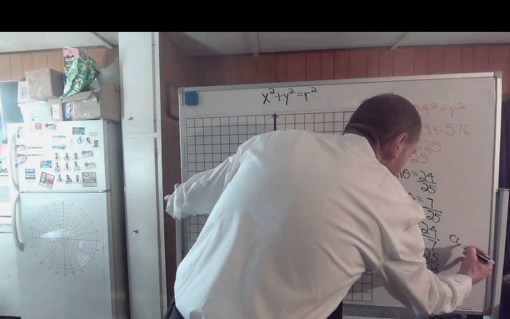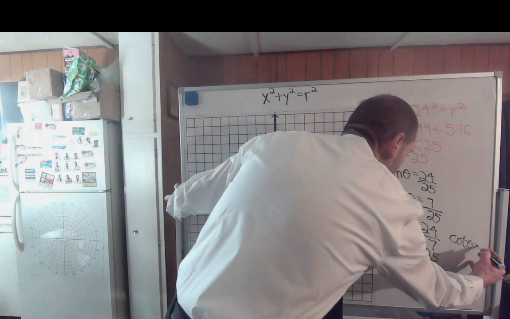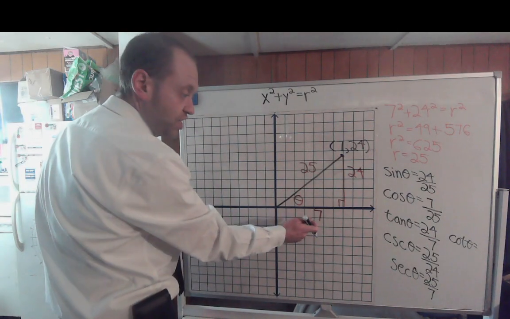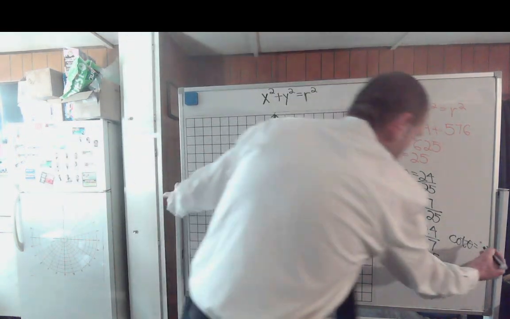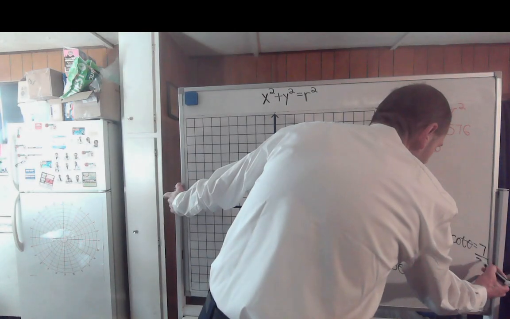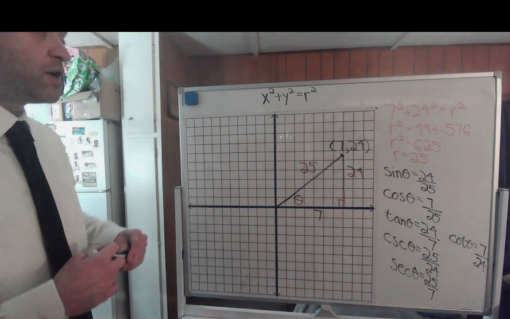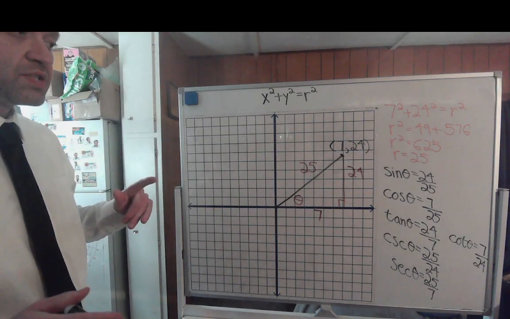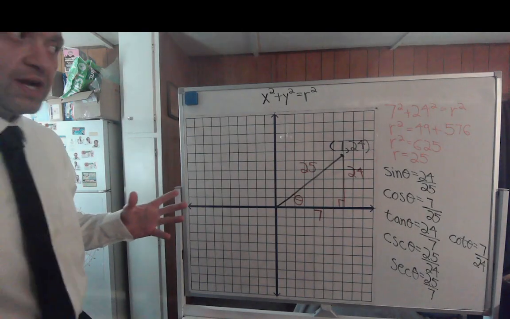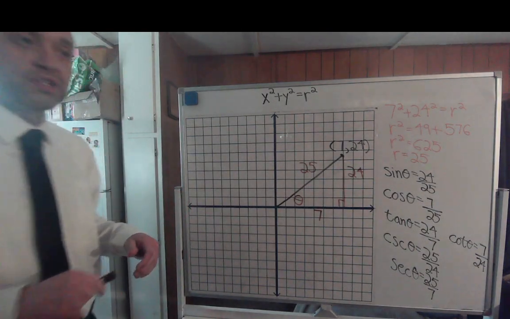And then we could even find the cotangent of theta, because that's simply the adjacent over the opposite, so that's going to be 7/24. So this is how your radius will impact your trig values if it's not on the unit circle.